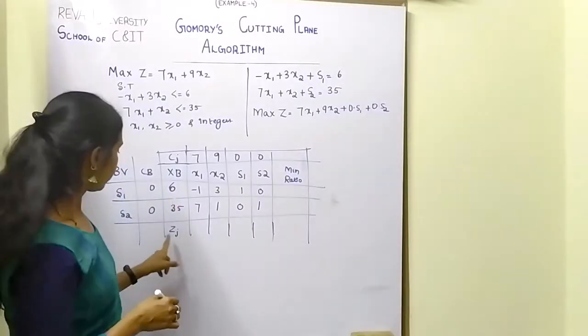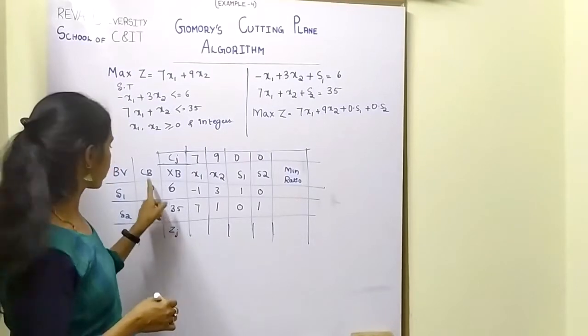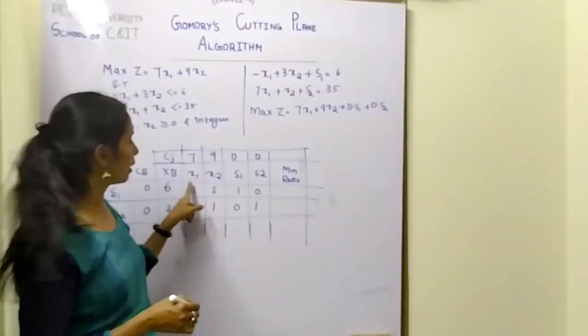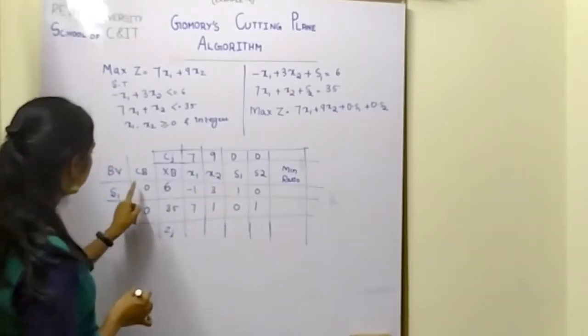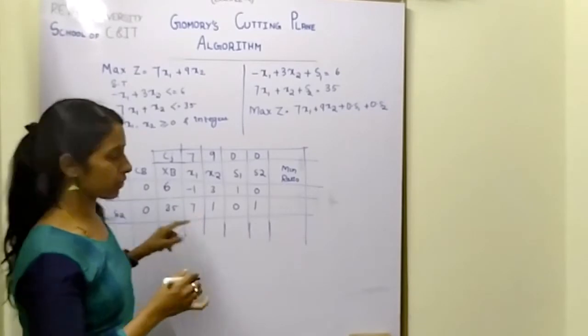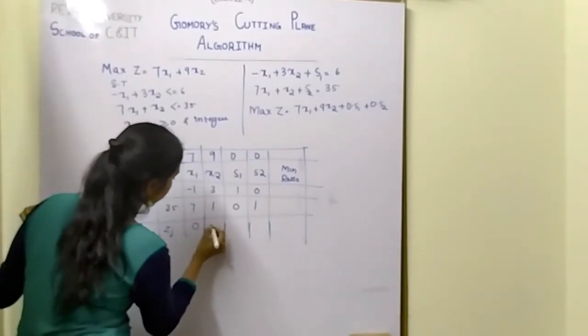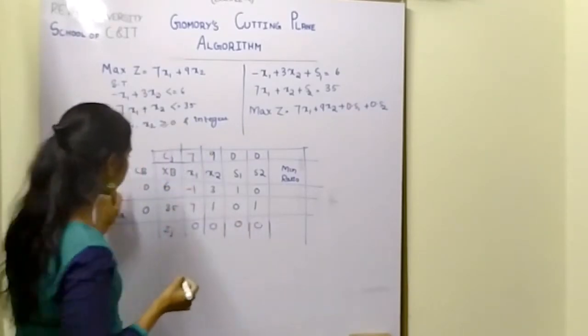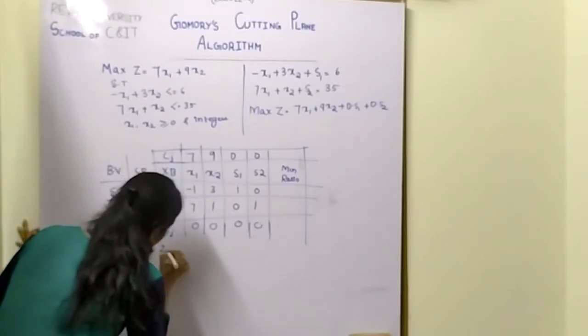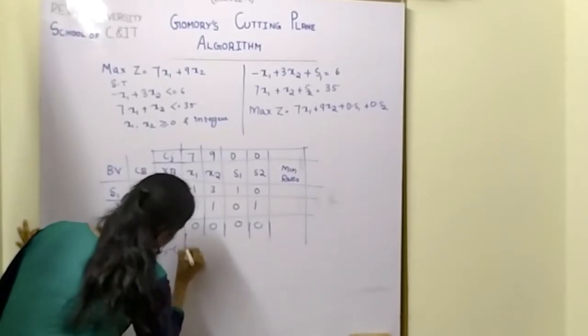Now find out the Zj value, which is nothing but the summation of Cb into Xj, where j represents 1 and 2. Now this into this plus this into this. For the first iteration all these Zj values will be 0, 0, 0 because Cb is equal to 0. Then you have to find out Zj minus Cj.